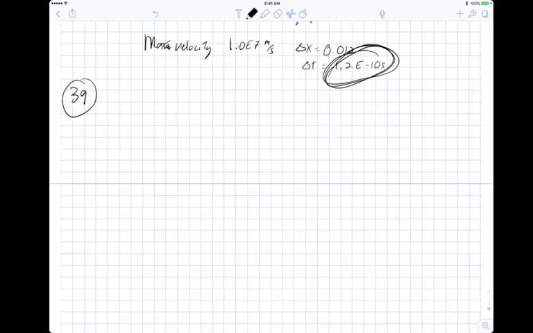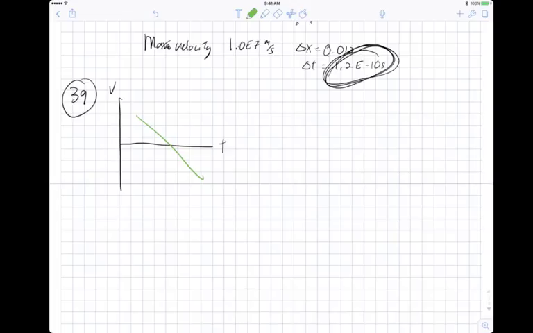Question 39. Based on the curve v of t in the diagram, let me repeat, here's what the diagram looks like. Based on this curve, explain whether each of the statements is necessarily true for the time interval shown.